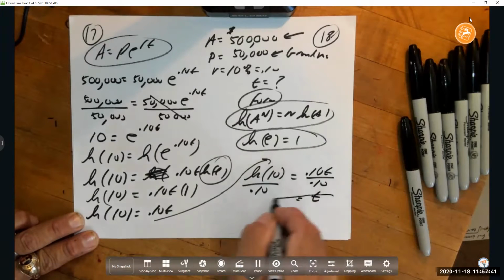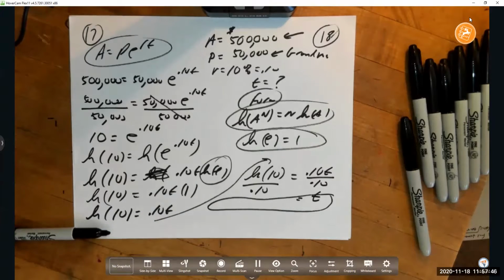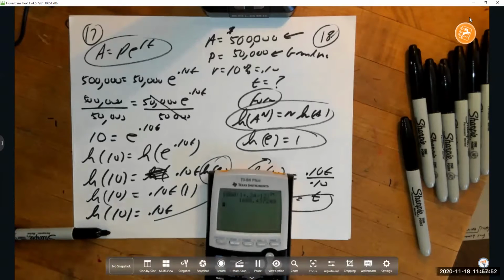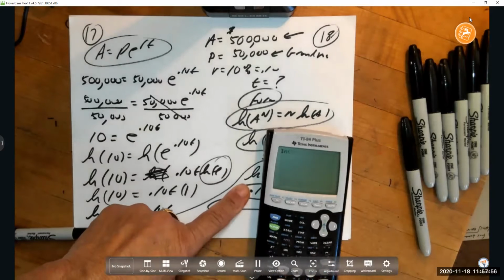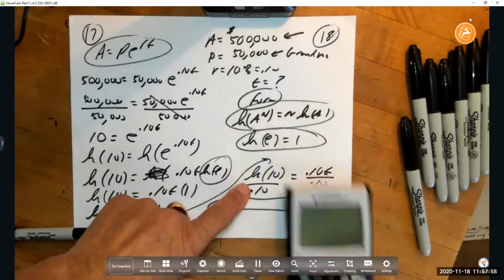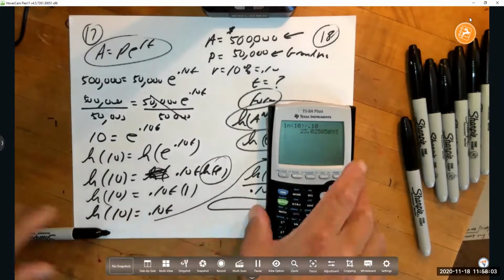And if I do that on the calculator, of course, let's do it on the calculator. Here, ln 10 divided by 0.10.